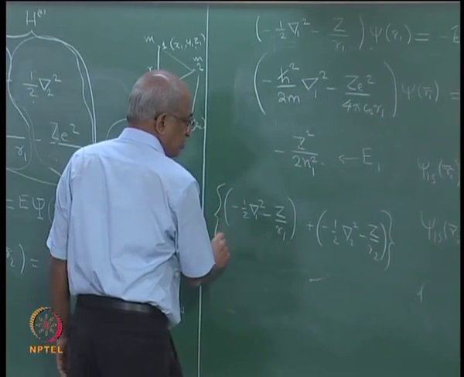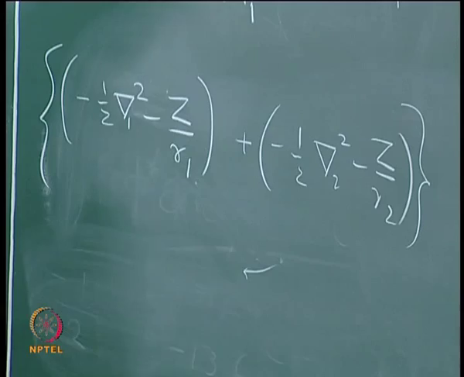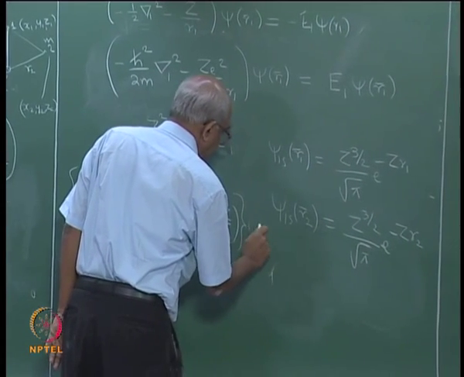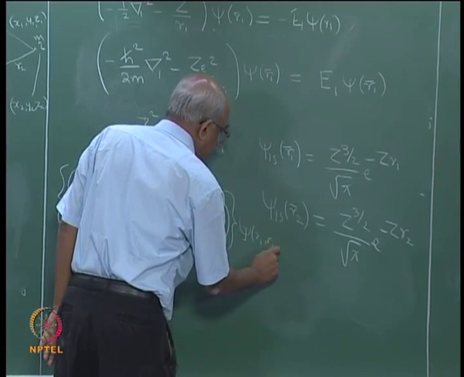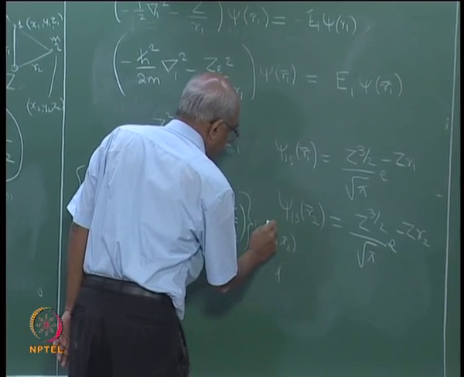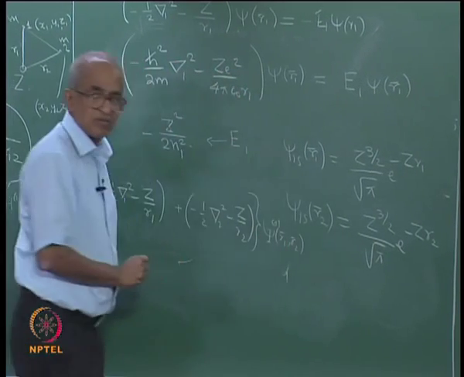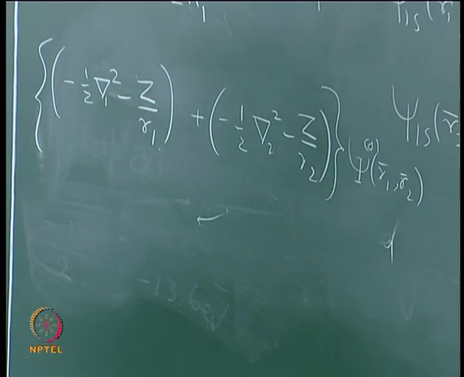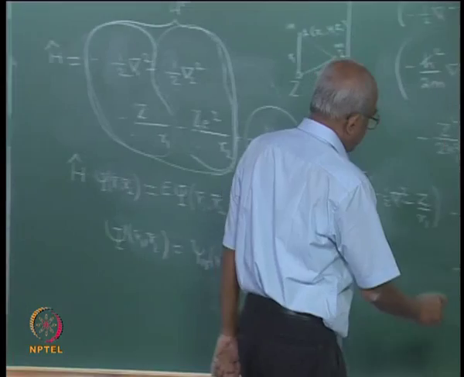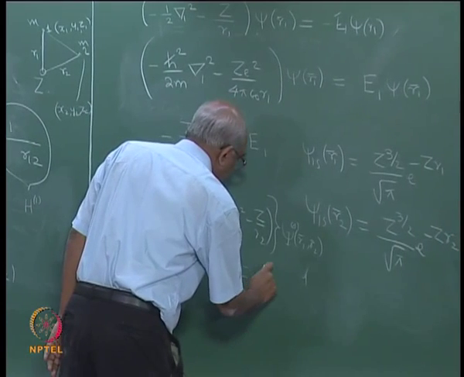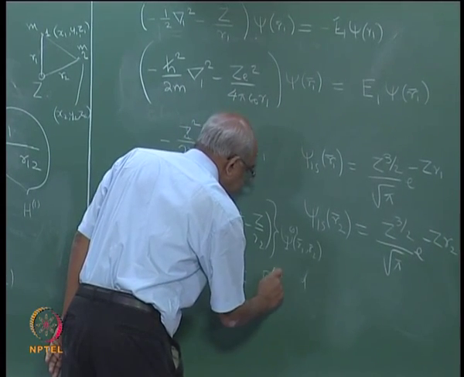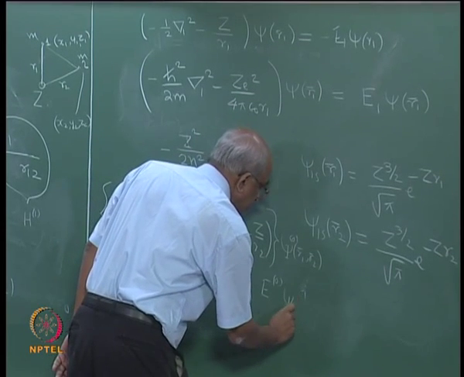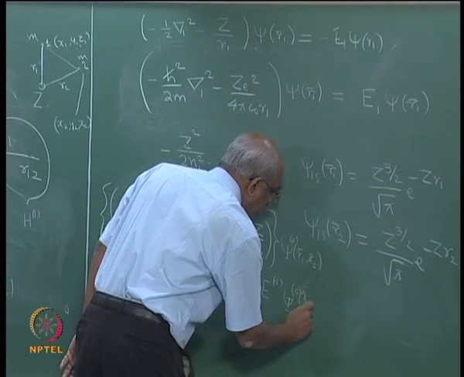This is my H0, and this H0 operating upon the wave function, maybe I should call it psi 0 because I have not included electron repulsion, will be equal to what? E0, right, psi 0 R1 R2.